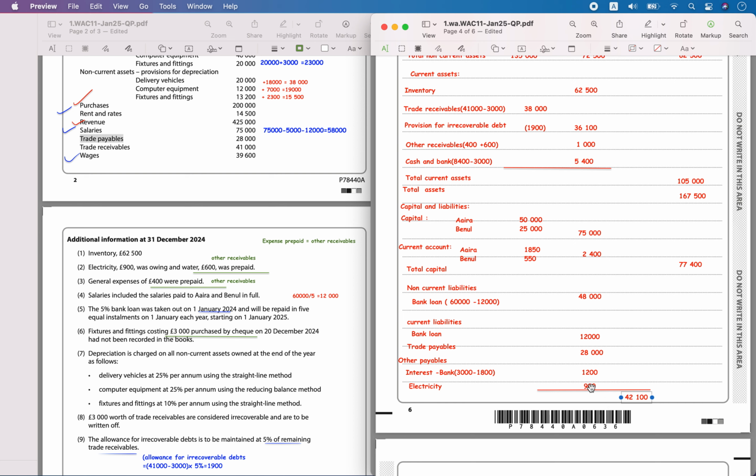The non-current liability was 48,000 and the current liabilities added up to 42,100. Now let's add up all the total liabilities.